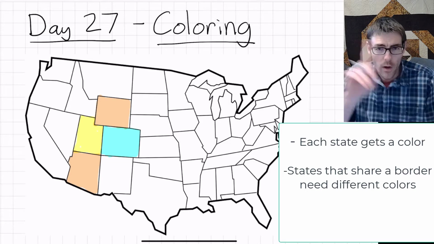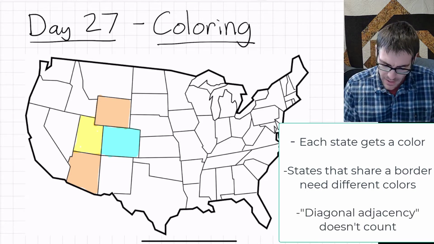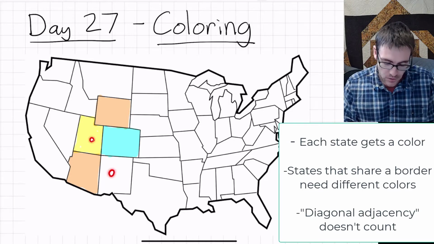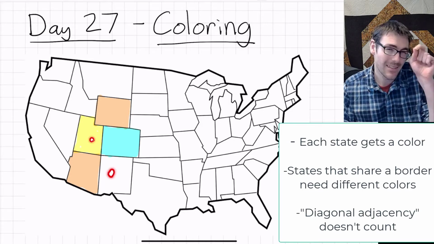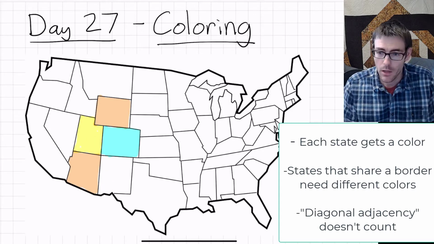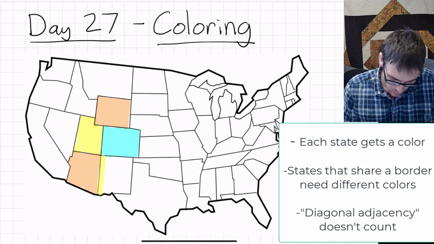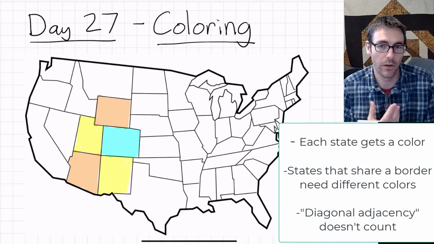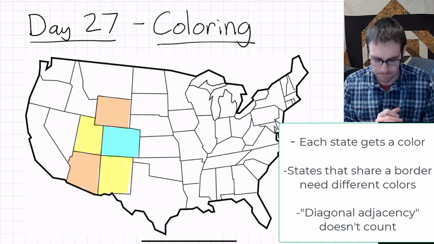All right. One other caveat is that if we have states or regions in our map that are only next to each other, only adjacent at a single point, then that doesn't really count. If we wanted to label both Utah and New Mexico yellow, that would be allowed under our rules that we are somewhat arbitrarily deciding.